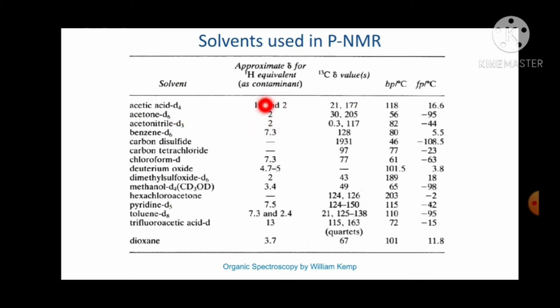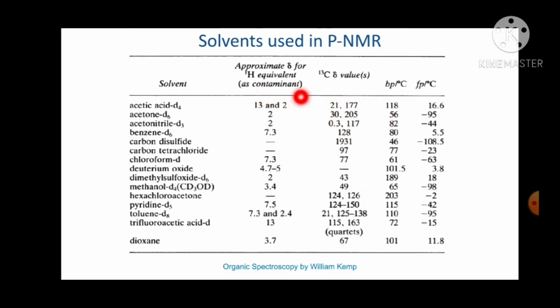Then we can see the approximate delta for the H1 equivalent as the contaminant. Usually attaining utmost purity of these deuterated solvents is quite difficult. So to some level we can compromise with the purity, and where exactly the residual peaks will appear is given.